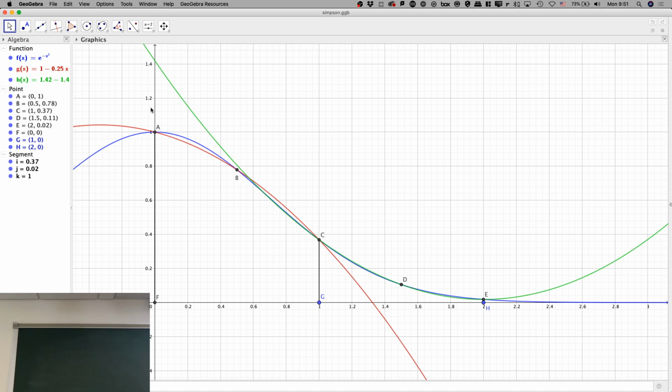So if I want to find the area under the blue curve from point C over to point E, could I instead find the area under the green parabola? Yeah, and that's good because it's pretty easy to find the area under a parabola. We can do calculus. That's not rocket science. Well, we can do rocket science also. What's the integral of a quadratic going to look like?